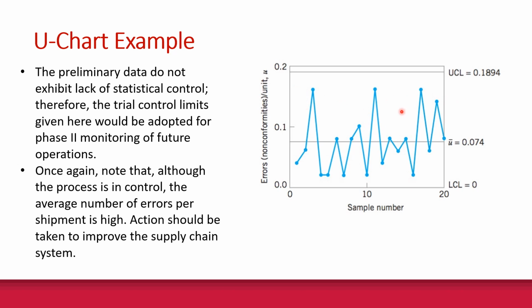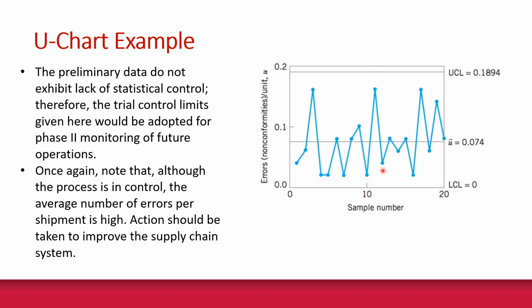There's one thing to note here, though. Although the process is theoretically in control, a lot of these are pretty high peaks coming up here. So the average number of errors per shipment is kind of high. Based on this chart, I would begin looking for potential signs of errors, or try to track what's going on to improve our process, because this could easily drift up and be above the upper control limit.